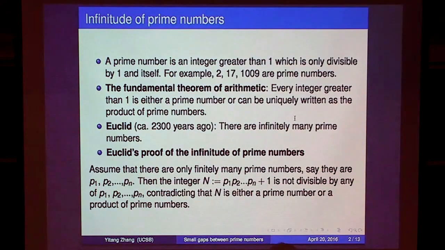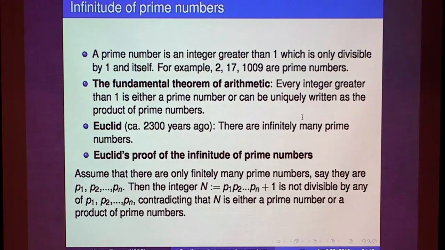By definition, a prime number should be greater than 1. 1 itself is not a prime number. So greater than 1, which is only divisible by 1 and itself. For example, 2, 3, 5, 7, 11, 13, 17, 19, but not 21, right? So these are prime numbers. Simply, we just say the primes.